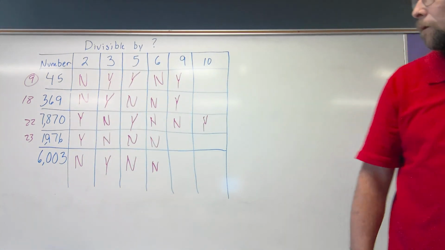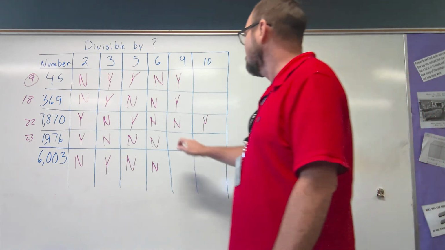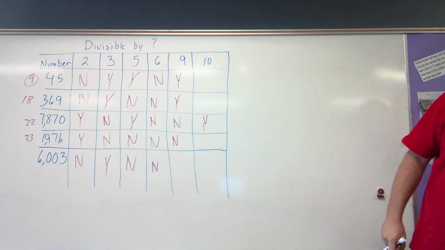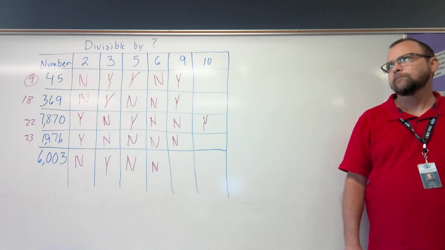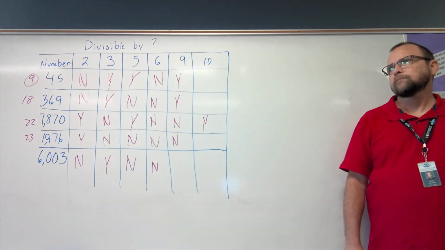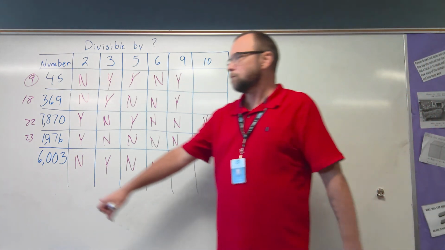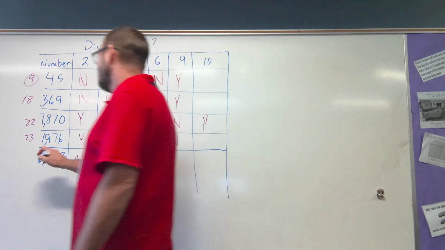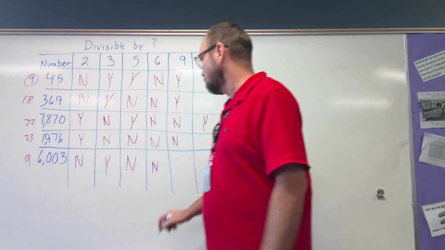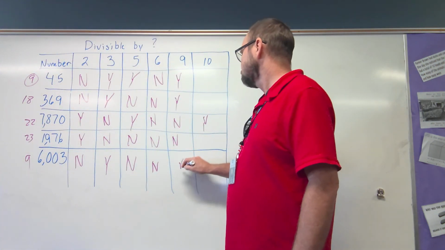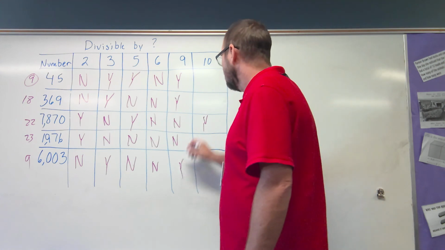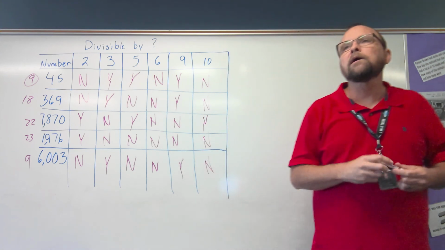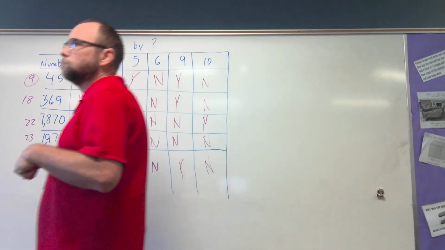Garvin, the sum of the digits in 6,003. 6 plus 0 plus 0 plus 3 is 9. Garvin, does 9 go into 9 evenly? Yes. And I didn't put mine over here, but this would be no. These are helpful if you use them.